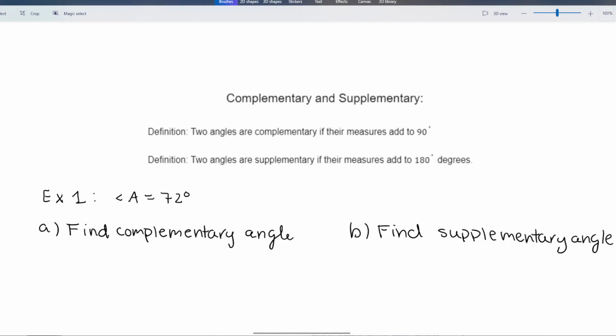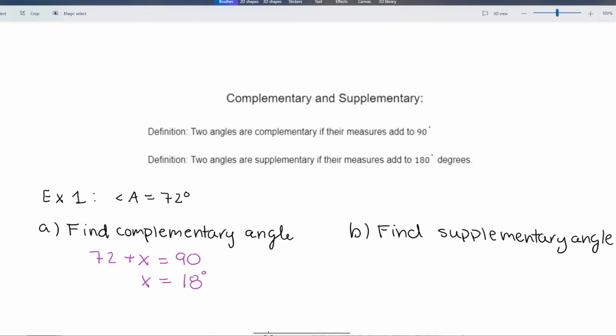Okay, so here for the complementary angle, we're going to use the fact that they should add to 90 degrees. So our angle 72 plus the unknown complementary angle x should add to 90 degrees. We would subtract 72 from both sides, and this would tell us that our complementary angle is 18 degrees.